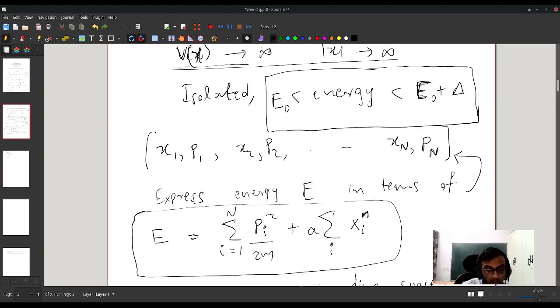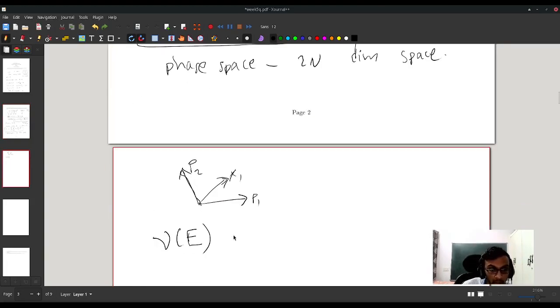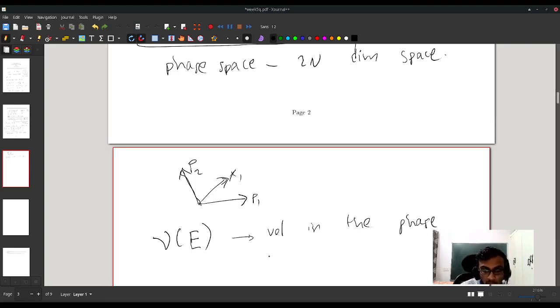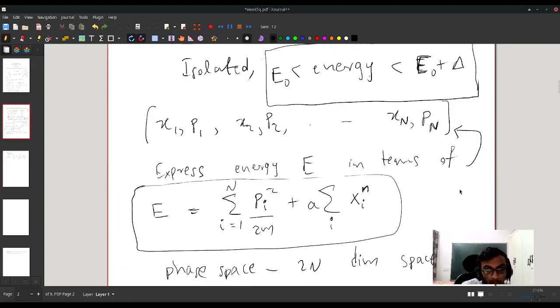Even in this problem, the volume would be a length because it's a one-dimensional system, but to make sure there's no confusion with the notation in future problems, I'm using a different V. This is the volume in the phase space with energy less than or equal to E. That would be a 2n dimensional region, and that would have a volume.